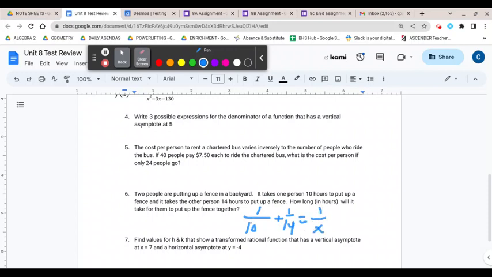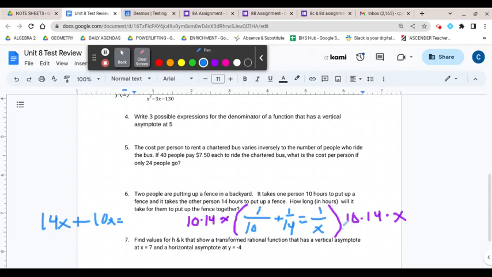Okay, simple rational equation. With rational equations, we've got to multiply both sides by the least common denominator. The least common denominator is going to be 10 times 14 times x. So 10 times 14 times x times 1 over 10, we're left with 14x. And then 10 times 14 times x times 1 over 14 is going to be 10x.